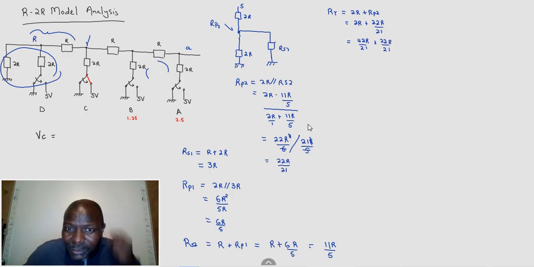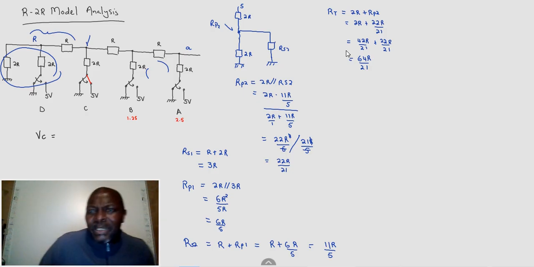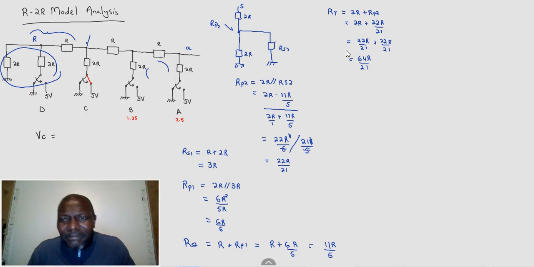Maybe I should have been taking these steps like this. Maybe it would have made life easier for people. So this here would have been 64R over 21. Could I divide that by 3?